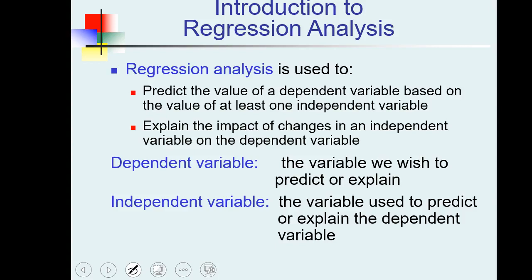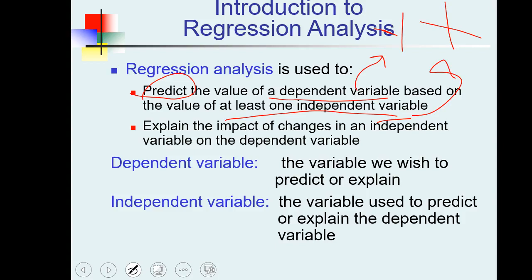Regression analysis is used to predict the value of a dependent variable. We have two types of variables. One is the dependent variable, that is y, and it is predicted based on the value of at least one independent variable, and that independent variable is x. It explains the impact of changes in the independent variable on the dependent variable. So we can predict how y changes with the change of x.